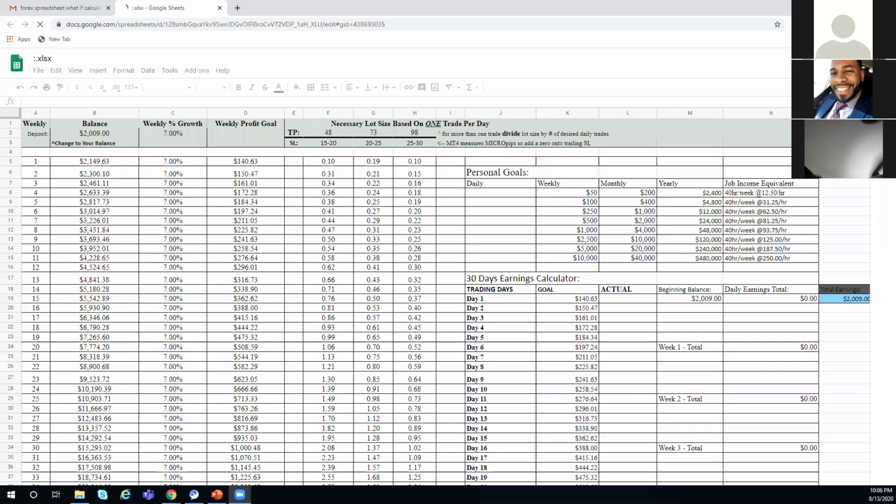And I have another spreadsheet up, but I also do want to share. Hopefully it comes up. Yeah, let me share my screen real quick with y'all. Basically, this is the spreadsheet that I utilize, and it's similar to the playbook that he's referring to.